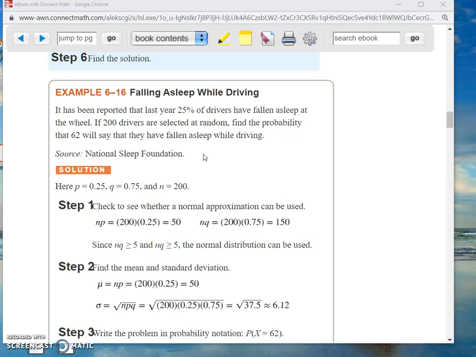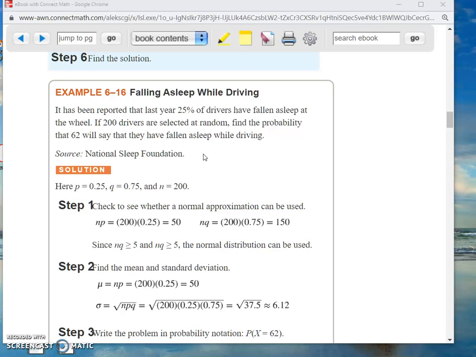So you pick 200 drivers, just like before in the previous chapter when we talked about the binomial distribution, you have a sample of 200. So it's basically 200 trials, so to speak. 200 drivers are selected. Find the probability that 62 will say that they have fallen asleep while driving. So you understand the question, you understand the problem.